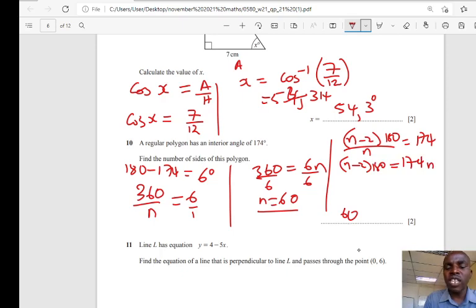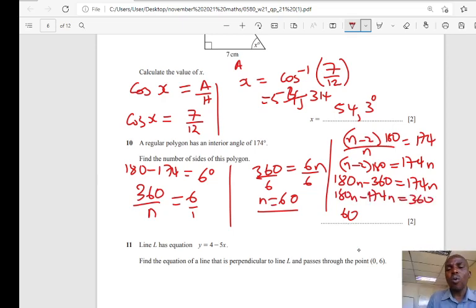Then remove the brackets: 180n minus 360 is 174n. Then you collect like terms. So it will be 180n minus 174n is equal to 360. Still 180 minus 174 will be 6, so 6n is equal to 360. Then you divide by 6, you still get 60. Done.